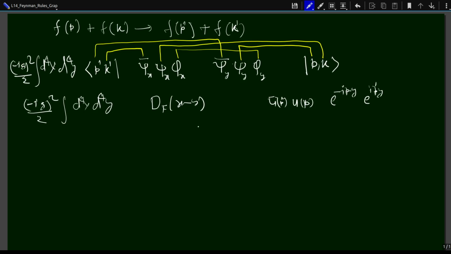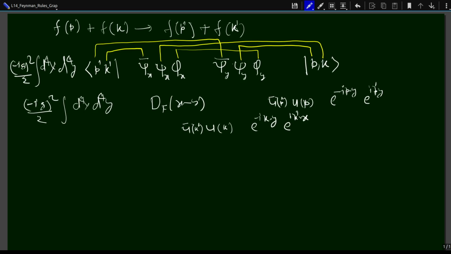That will give me u of k multiplied by exponential minus i k dot x, and u bar of k prime, and the exponential factor will be, I'm sorry, the first one is y, i k dot y, and here i k prime dot, okay, so these are the factors.